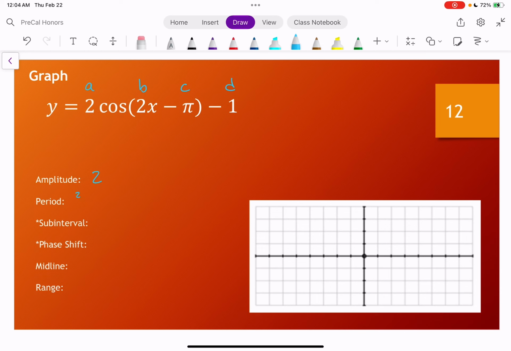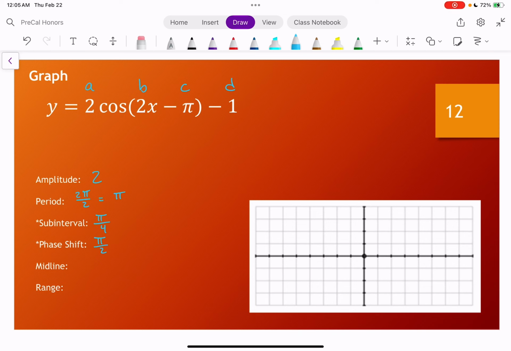Our period would be 2 pi over B, or 2 pi over 2, which is pi. Our subinterval would be pi divided by 4. Our phase shift would be negative c, or pi, divided by b, which is over 2.